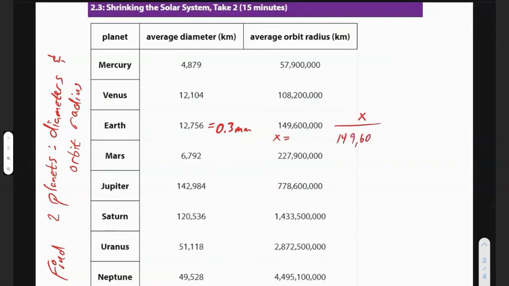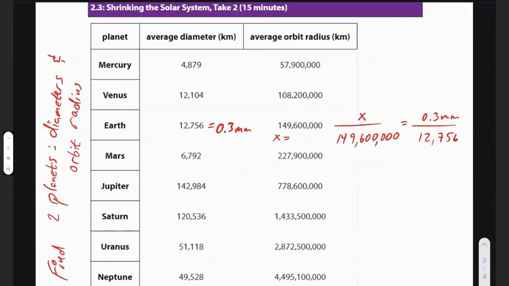Notice I'm setting it up to where it's like, what's going to be my new measurement if it's 149,600,000, if 0.3 millimeters is 12,756. Let me get my calculator again. Cross multiplication, 0.3 times 149,600,000.